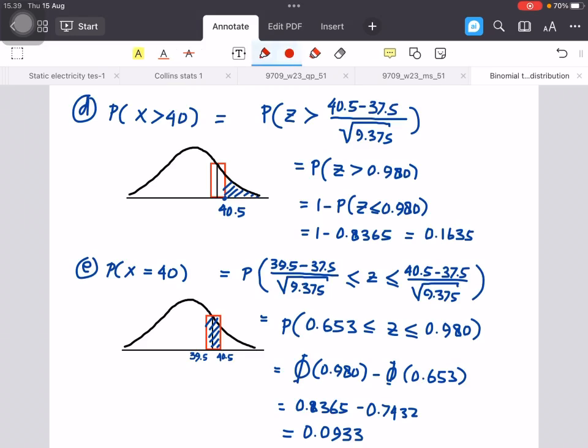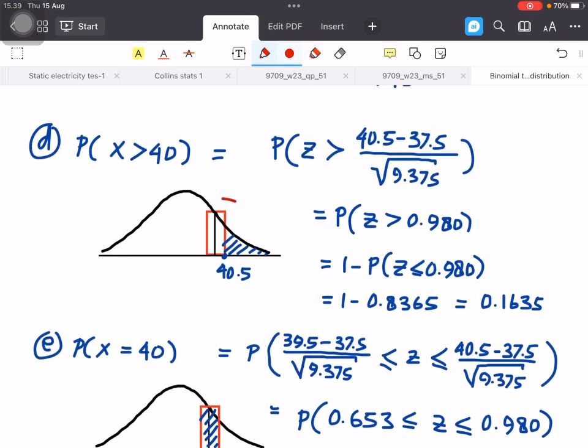And now, if the question asks you to find probability X greater than 40, do not shade the rectangle because 40 is not included. This time, we use 40 plus 0.5, which is equal to 40.5.